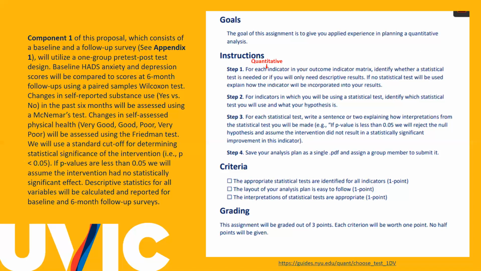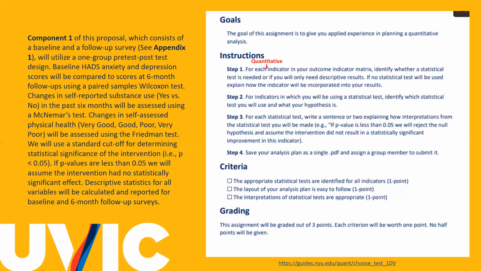For your process indicators, this isn't usually as much of a concern. It's not always important that you have this sort of statistical rigor. It really tends to focus on the outcome indicator matrix when you're doing this sort of work.